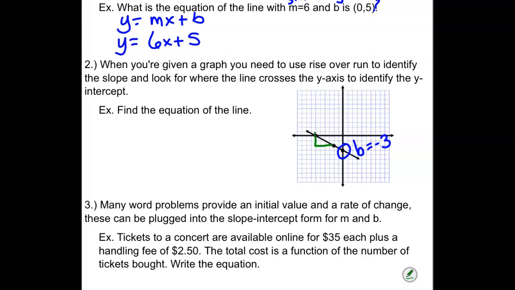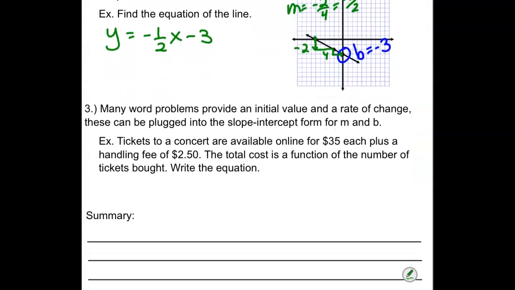To get from left to right again, we're going down 2 and we're running 4. So our slope would be -2/4, which reduces to -1/2. And again, we can see that here, down 1 over 2. So our equation, y equals our slope of -1/2 times x plus our y-intercept, which is -3. You can write plus -3, but it really simplifies down to just -3.